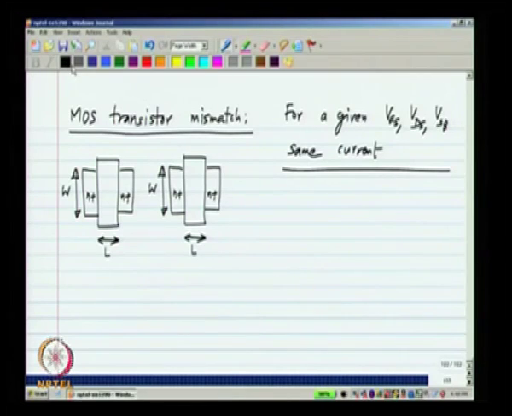Now, how do you describe the difference between these two? In case of resistor and capacitor, we have a single parameter, right. We have the resistance of the resistor, we have the capacitance of the capacitor, whereas in case of MOSFET we seem to have many parameters.